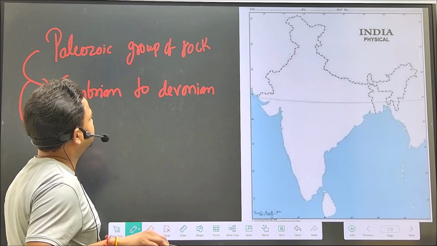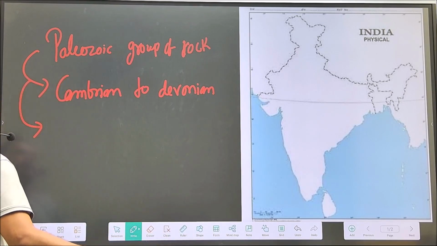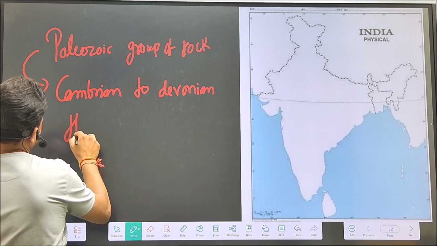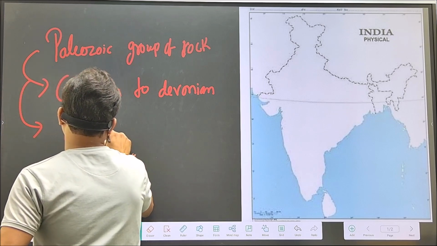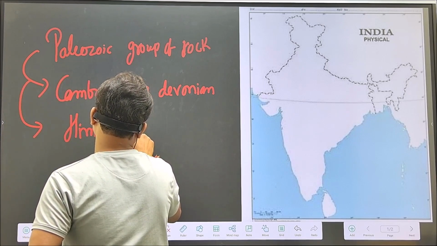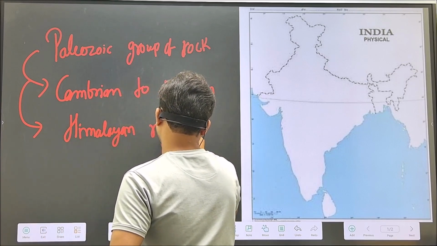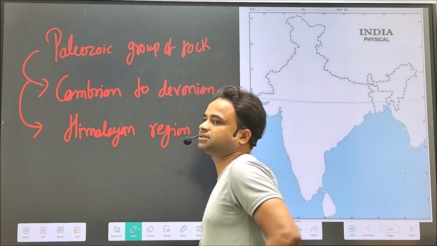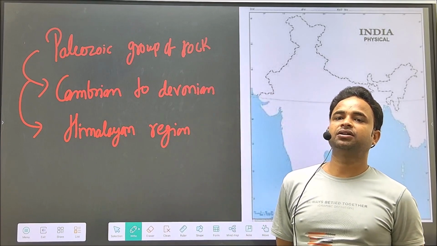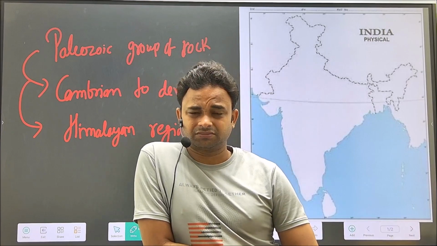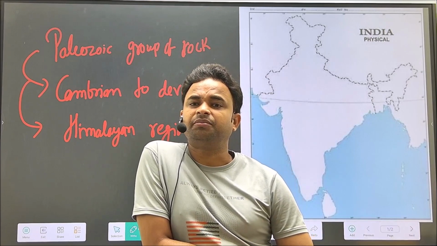And in this period of time, the major events are related with the Himalayan region. And those events are absent in the peninsular region, except Rewa and Umaria, which are districts of Madhya Pradesh.